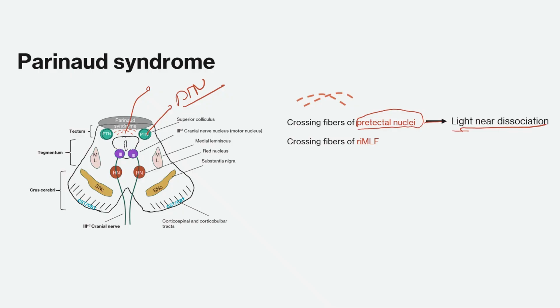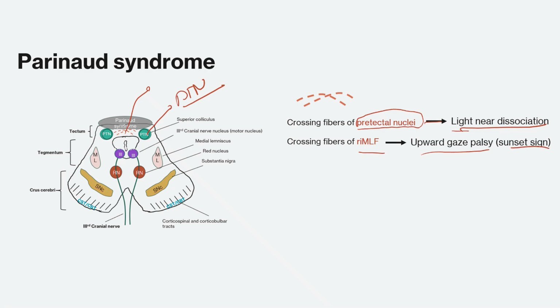So that is called the light near dissociation. The other fibers that are crossing in the posterior midbrain are the fibers of the rostral interstitial medial longitudinal fasciculus. If these fibers are involved, there will be upward gaze palsy, and we refer to this as the sunset sign.